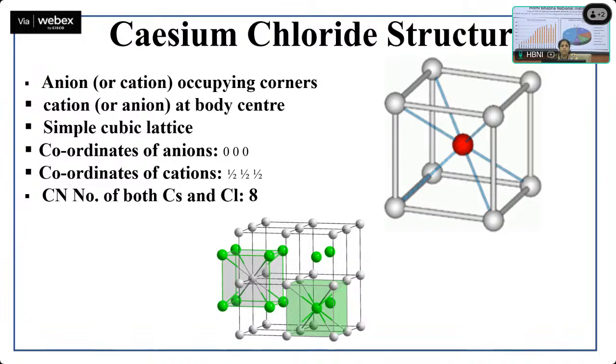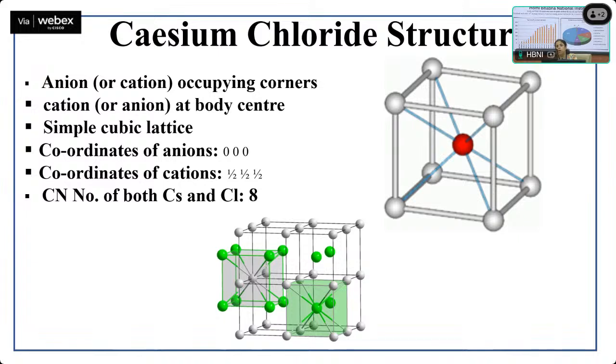Now one point that I would want to discuss with you here is, many times we ask students, and even though it is very well described in the class, many of them would describe it as a body center unit cell. Okay, but please, this is not a body center unit cell. This is a simple primitive unit cell. Why? We call it body center when the atom at the corner and the atom at the body center are both the same. Then we call it the BCC lattice or the body center unit cell.